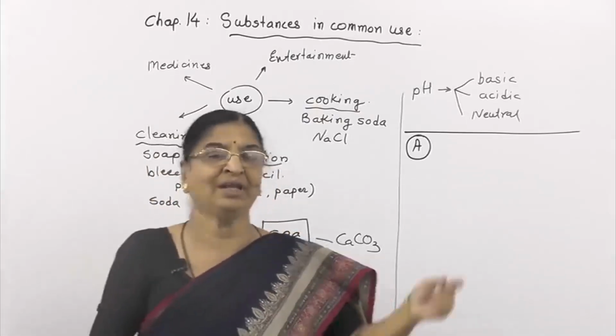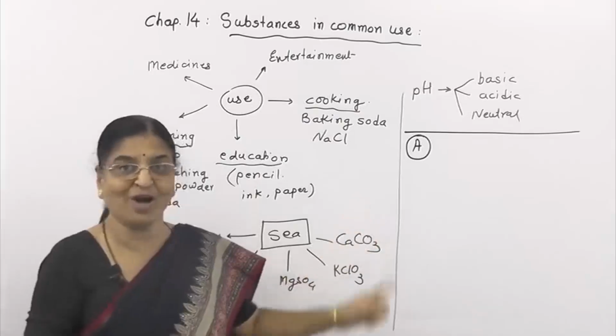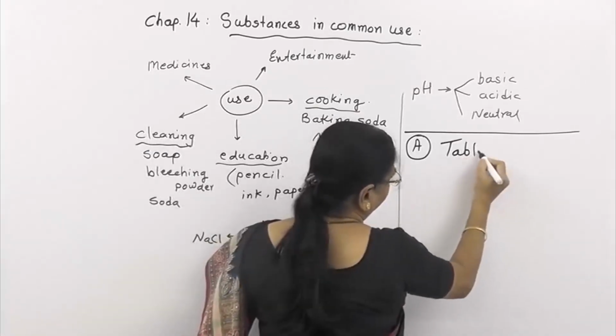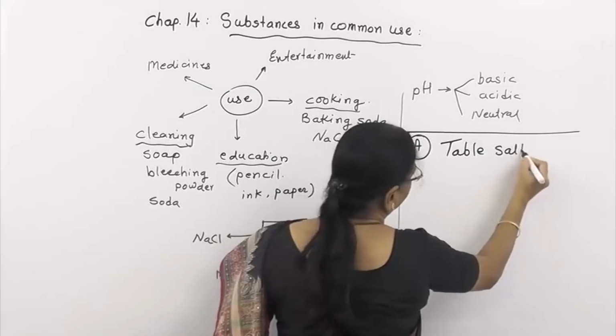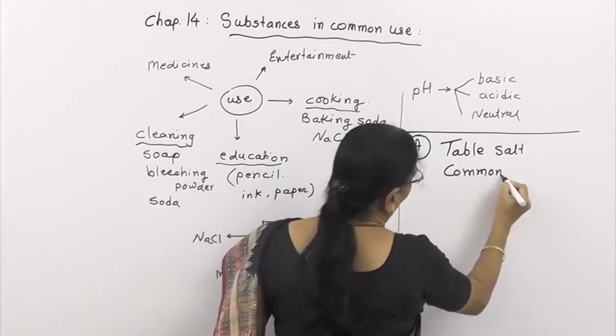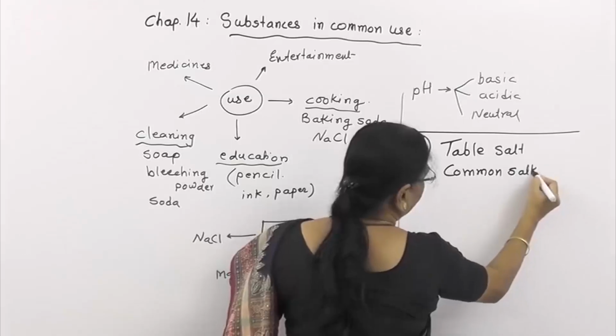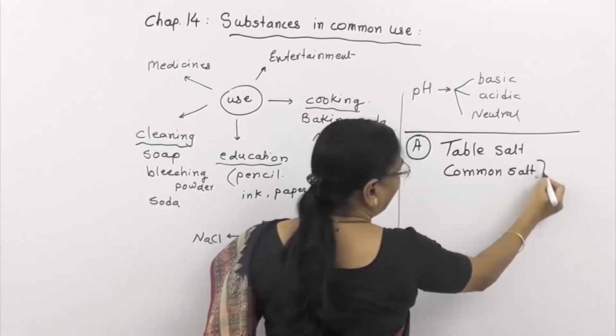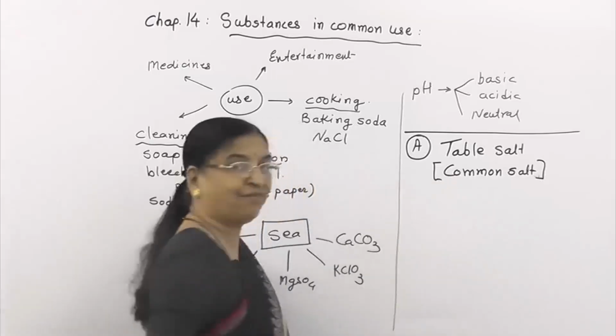The first one is common salt, or it is known as table salt. So what is table salt? It is also known as common salt, and what is its chemical formula?